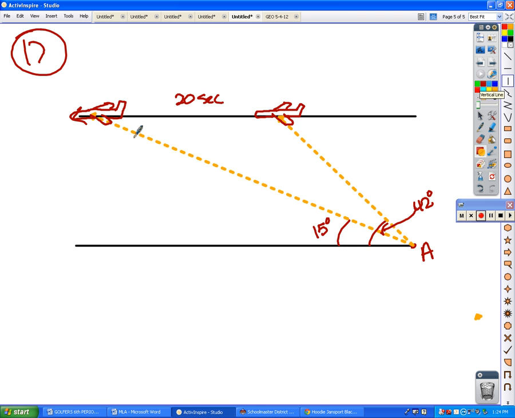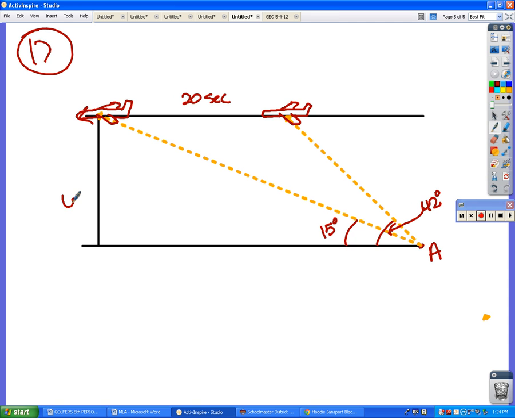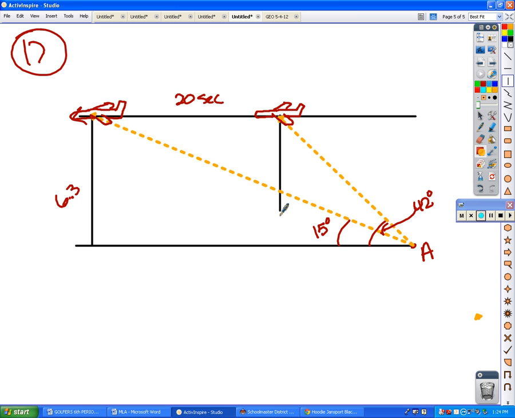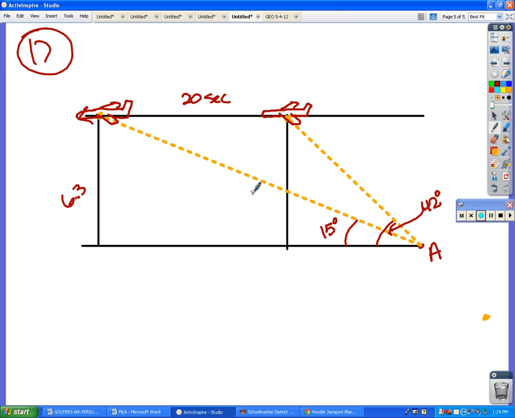All right, let's go back to you, Mackenzie. What do you got? Okay, so the first thing that she is doing is she's going to look at this little triangle right here and say the tangent of 42, since this is 6.3, you're going to find this distance right here.